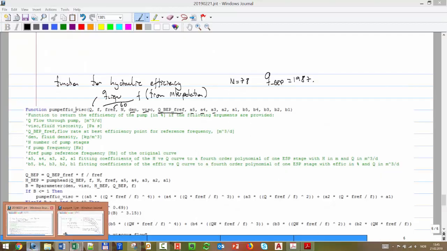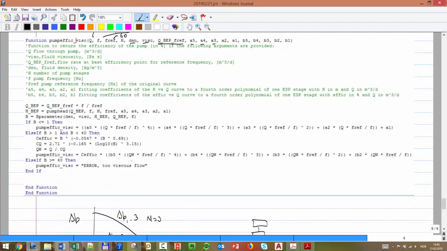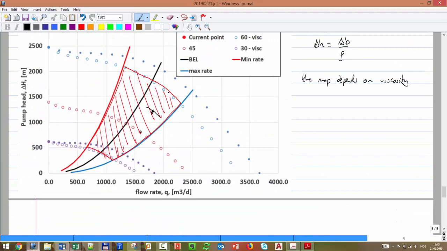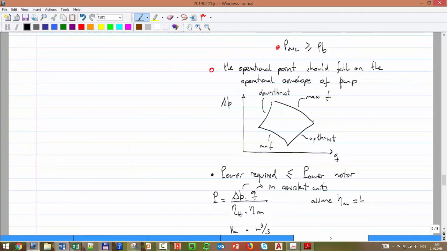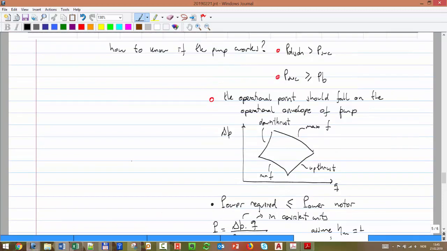And that's it. As simple as that. But keep these points in mind. Delta P should be positive: the pressure at the suction should be smaller than the pressure at the discharge.